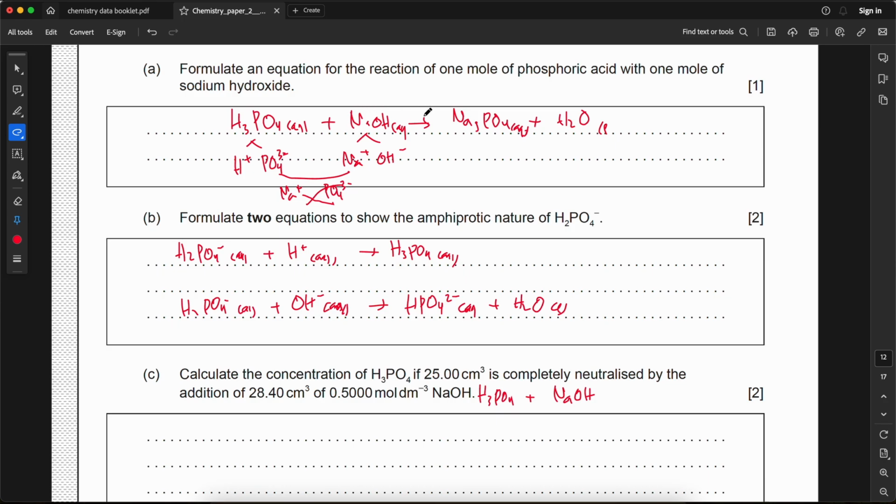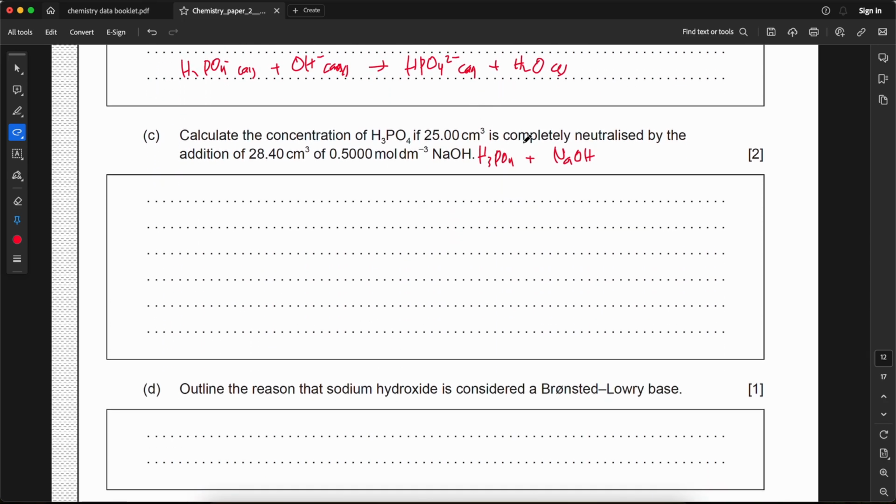So this will be 3 NaOH, and this one will be 3 H2O. So H3PO4 plus 3 NaOH will produce Na3PO4 plus 3 H2O.